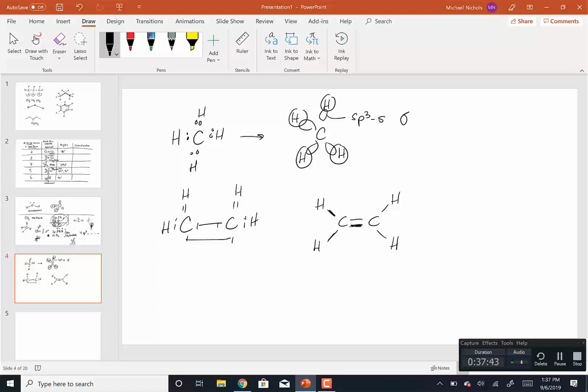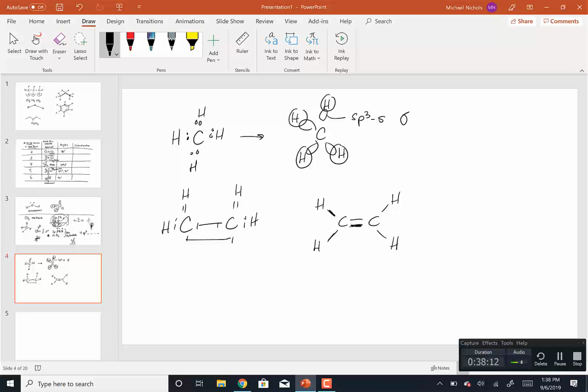What kind of orbitals? Well, the s orbital for hydrogen, and what kind for carbon? The sp3 hybrid orbitals. You form sigma bonds, you form single bonds from the hybrid orbitals. That's how you form sigma bonds.